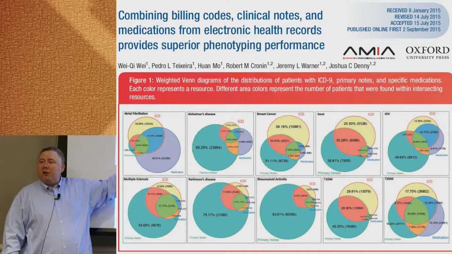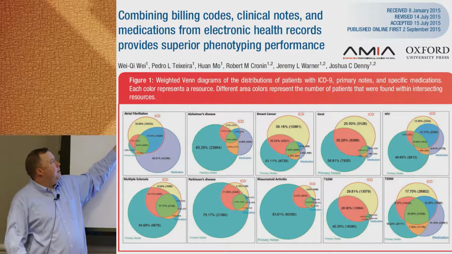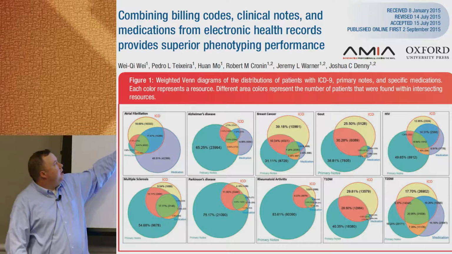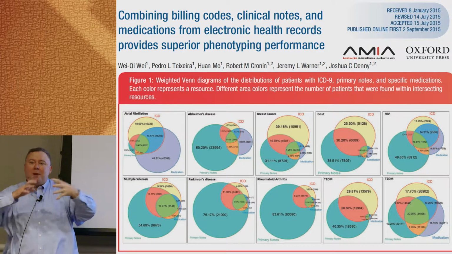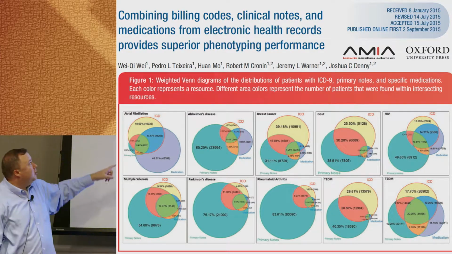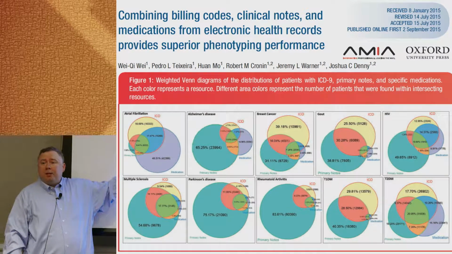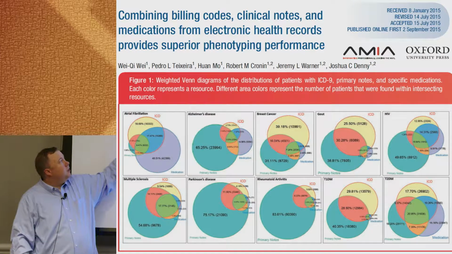How many people are identified using drugs alone? How many people are identified using notes alone, and how many people have the intersection or combination of those things? And so you can see if you're looking for atrial fibrillation, there's actually a good chunk of people who you're probably going to find best just looking for drugs by themselves. Some people by conditions by themselves.